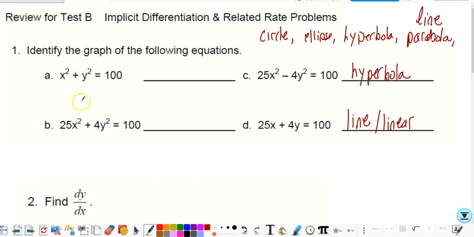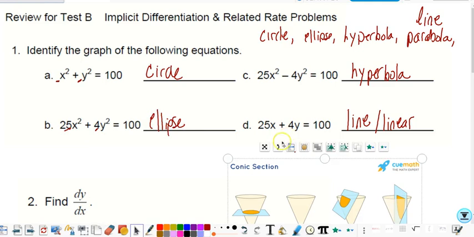When we have addition, it's either circle or ellipse. So when the coefficients are the same, that's a circle, since x squared plus y squared equals r squared. When the coefficients are different, that's an ellipse. It's kind of like an egg shape.